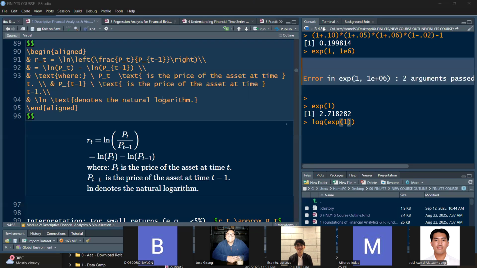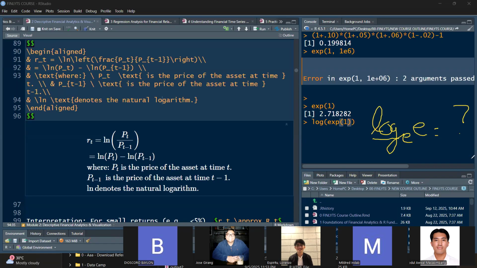Because by definition, in R, when you use log, it's automatic that the base is e.